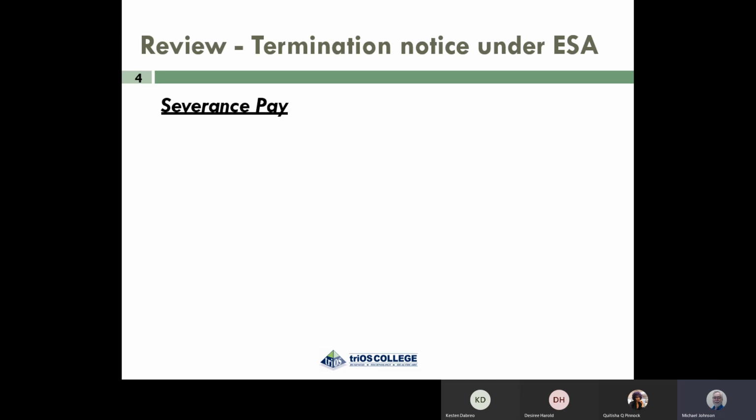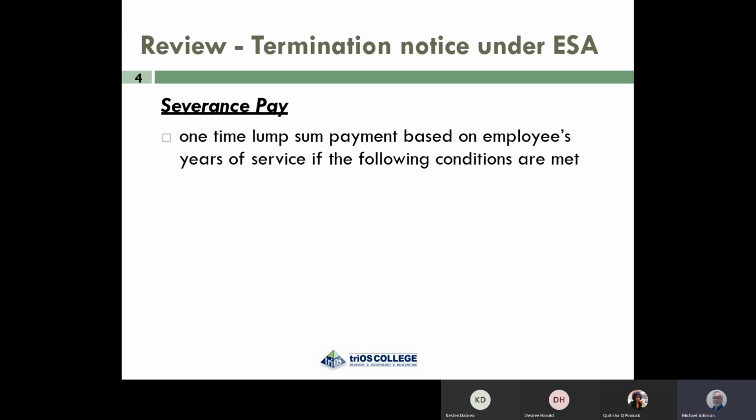Severance pay, we kind of talked a little bit about this. It is that lump sum of money that is provided to you at the end of your tenure, whatever it happens to be with that particular company. And there are some very specific things that need to be met. You've been working or employed by that company for at least 5 years.